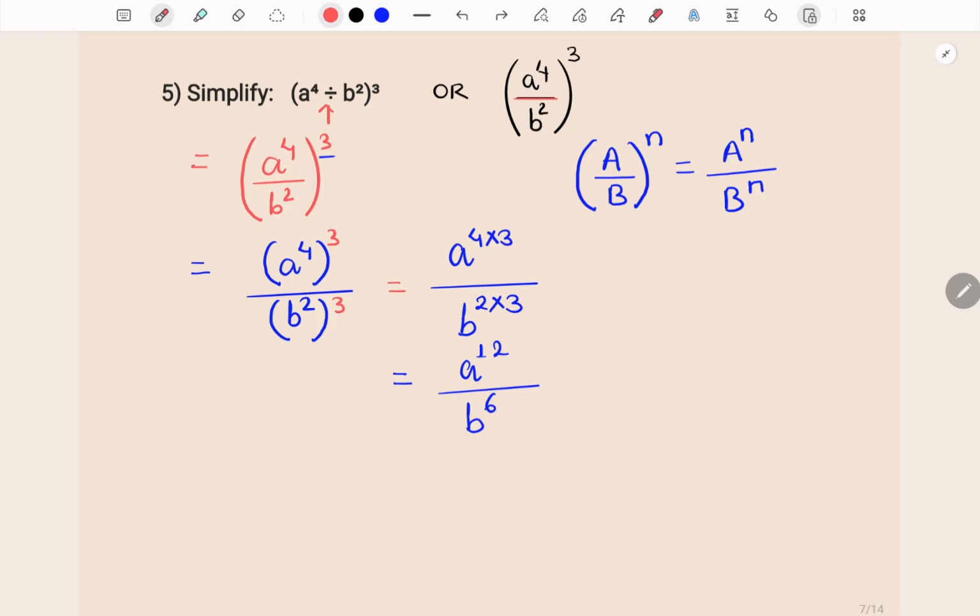So this a raised to the power 12 over b raised to the power 6 will be the final answer for this question.